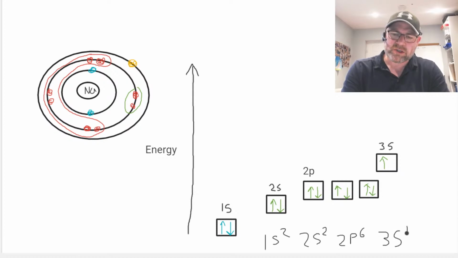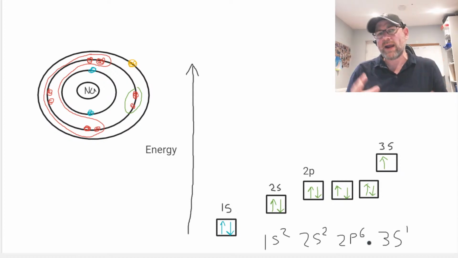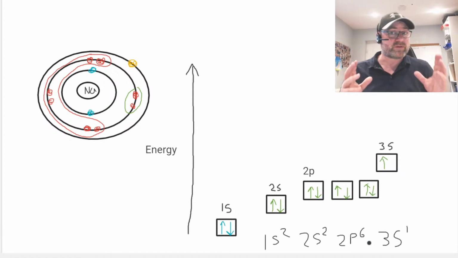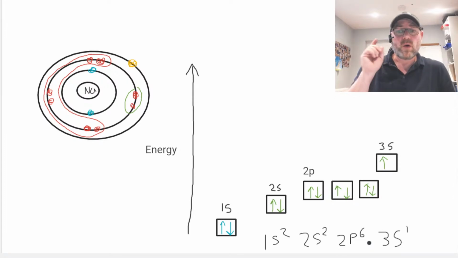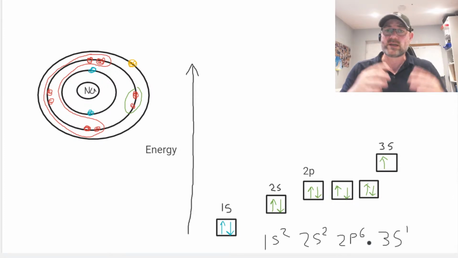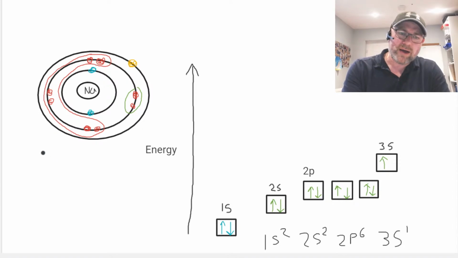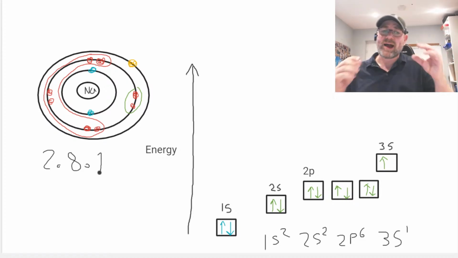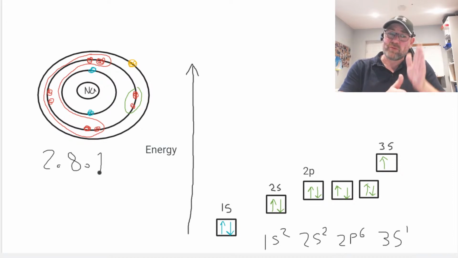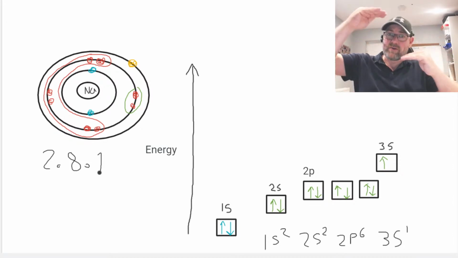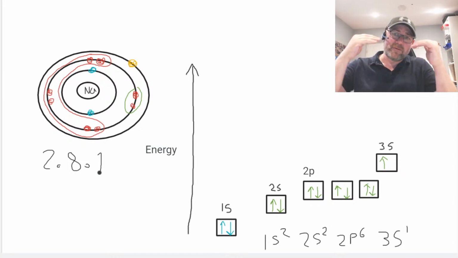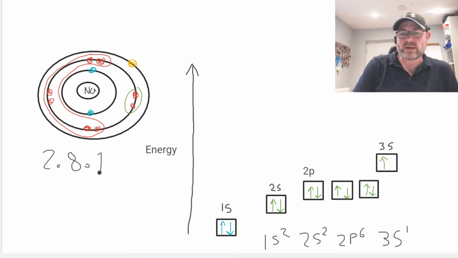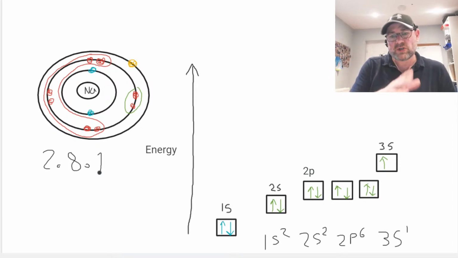So for sodium, in A level, when they ask you for the electronic structure of sodium, they want you to write that: 1s2, 2s2, 2p6, 3s1. You're no longer allowed to just write 2, 8, 1. It doesn't give you the full picture, this old model. It doesn't show you that in the second energy level, those 8 electrons are at different distances and different energy levels from the nucleus. And this model shows that.